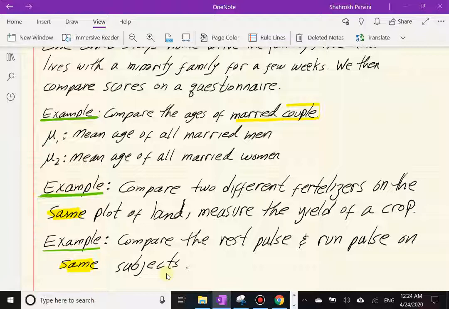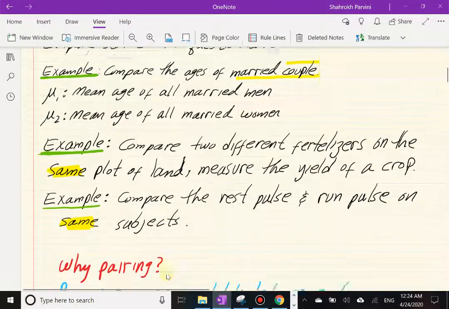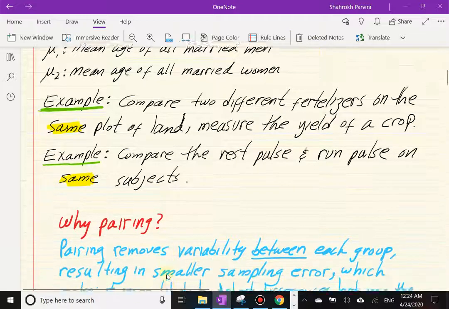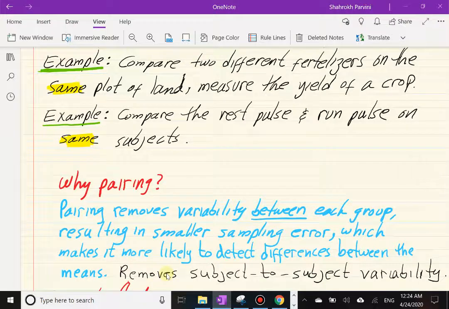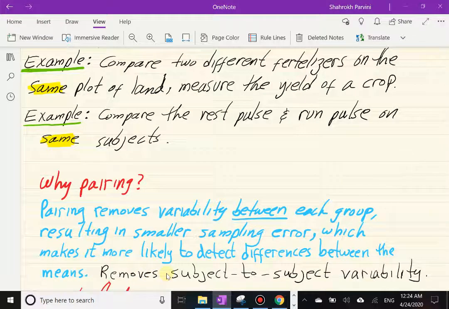But again, the idea here is that if you want to compare the pulse rate, your rest pulse and run pulse, it makes sense to do it on that same experimental unit. Now, why do we want to pair, right? So why pairing? Here's the reason we would like to pair things. Because when we pair subjects together, in effect, we are removing the subject-to-subject variability from our data.